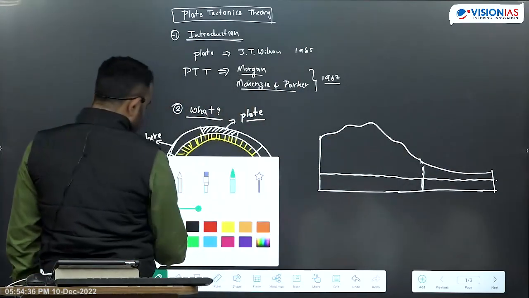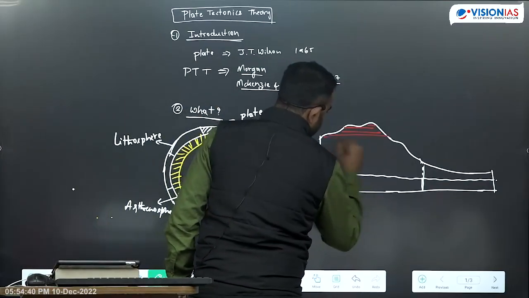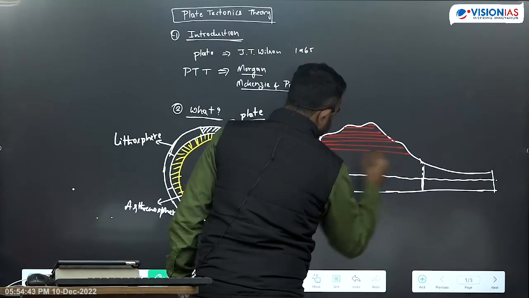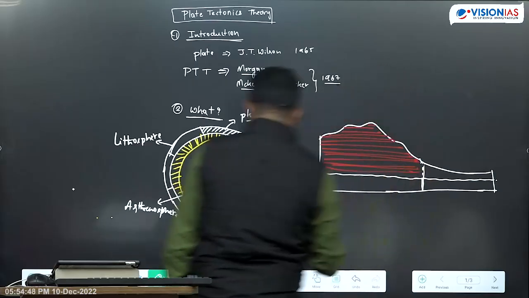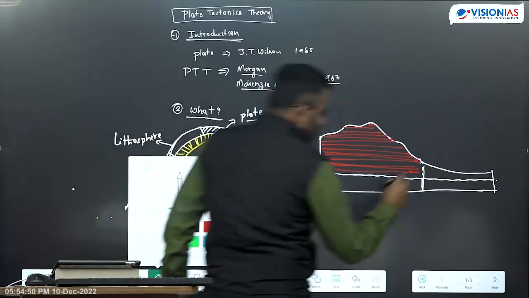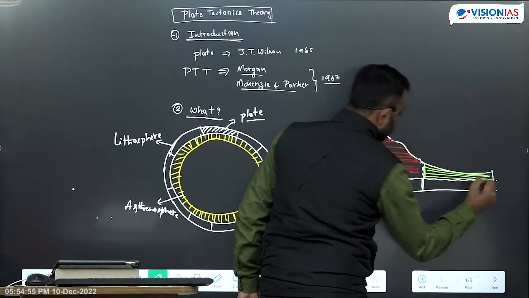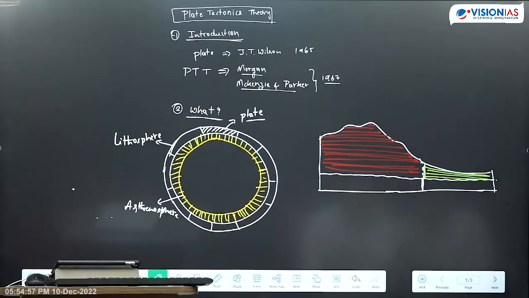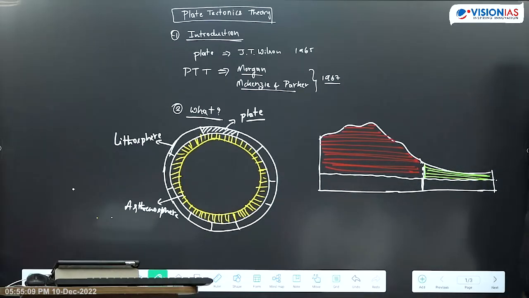Continental crust is thick. This is oceanic crust, and below that there is the upper part of the upper mantle. Together it is one plate. A plate may not necessarily contain entire continental crust. No plate actually contains completely continental crust.